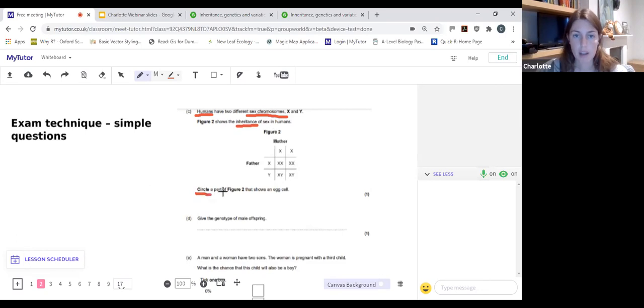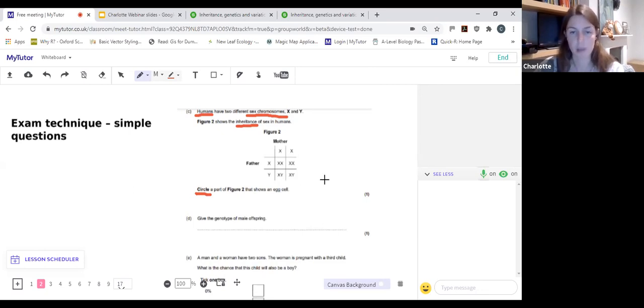Circle a part of figure 2 that shows an egg cell. Okay. Notice that I have underlined the word circle here because that's the instruction. Now this seems stupid, you know that that's what it is. That's fine. And yes, those of you who are answering the chat, do answer in the chat if you want to, feel free.